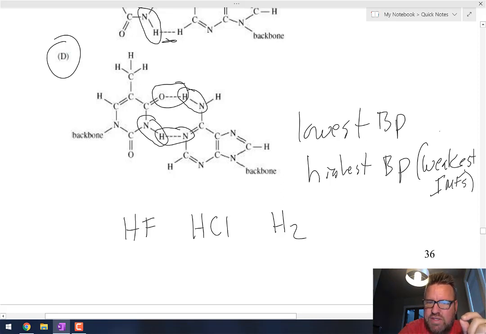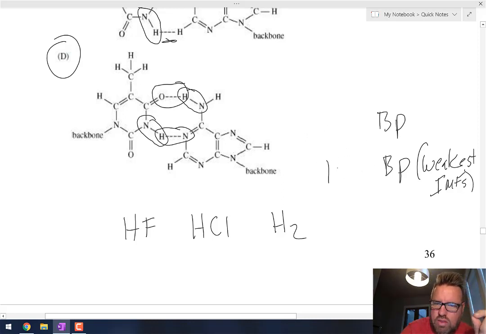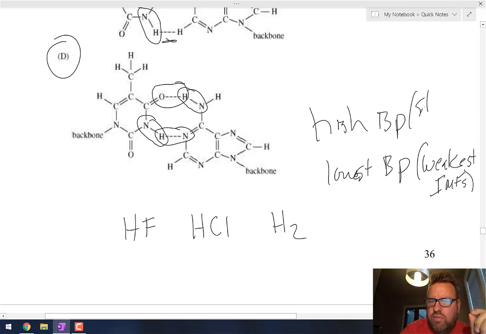Sorry, I have that backwards. The lowest boiling point is the one with the weakest IMFs, and the high boiling point is the one with the strongest intermolecular forces.